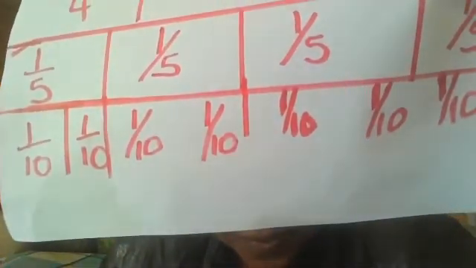How many tenths are equal to 2 quarters? 1 quarter and another quarter. Look at tenths. Yes, Melvin. 5 tenths.